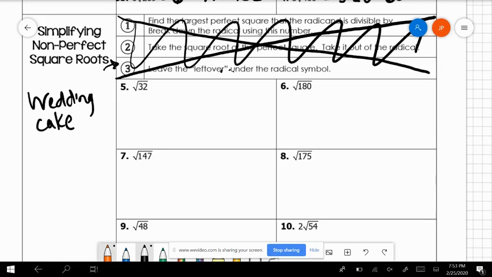And what I'm using this for, the reason I care about it, is because notice this says I'm simplifying non-perfect square roots. So like a number like 32 or 147, that's not a perfect square. So I can't just look at it and say, oh, well, I know that the square root of 32 is some number, because I don't know what that is off the top of my head. It's some ugly decimal.